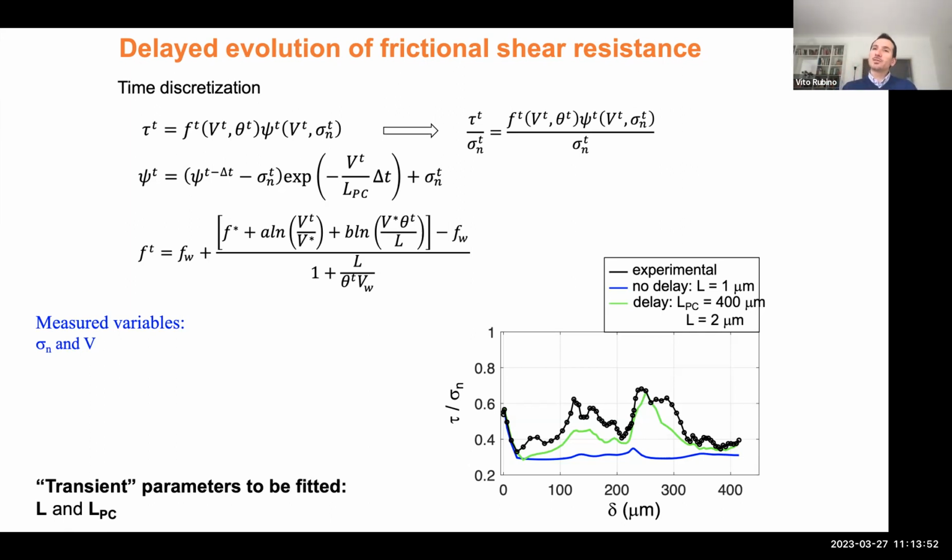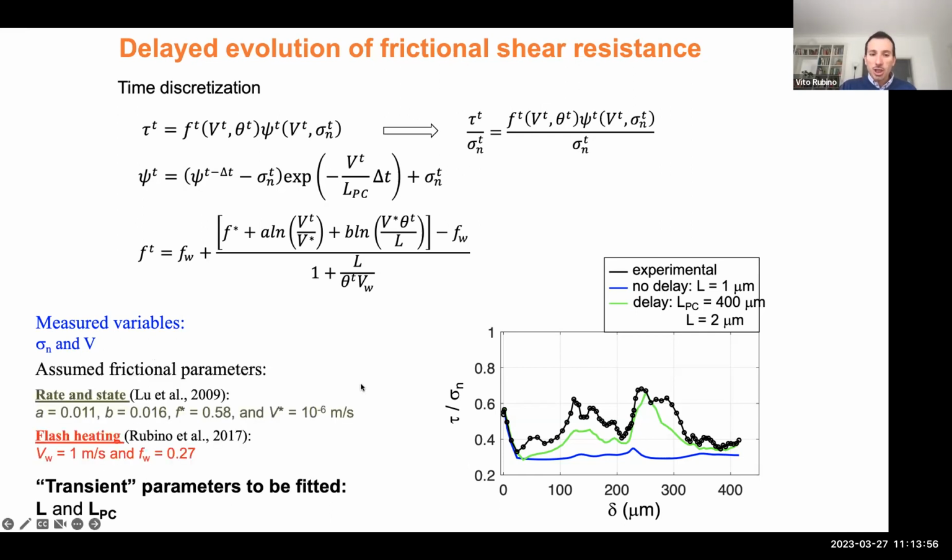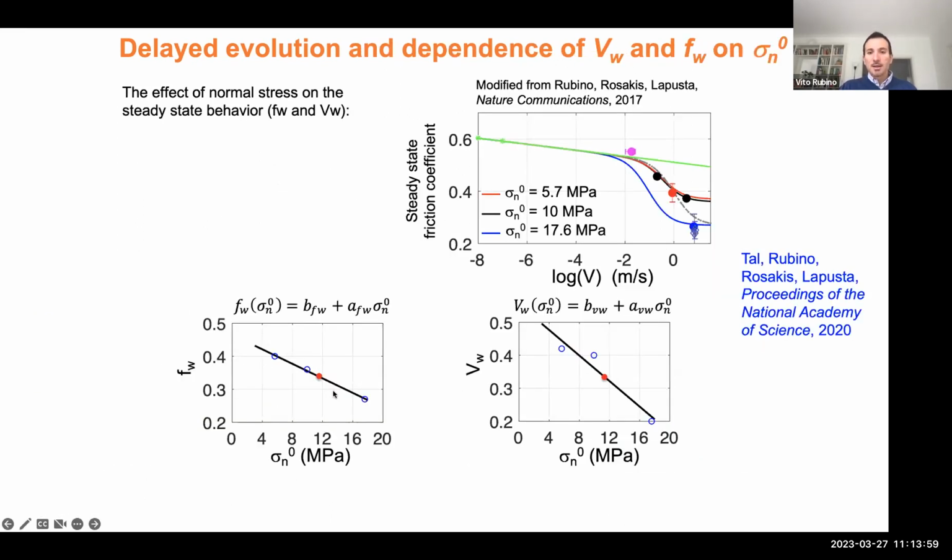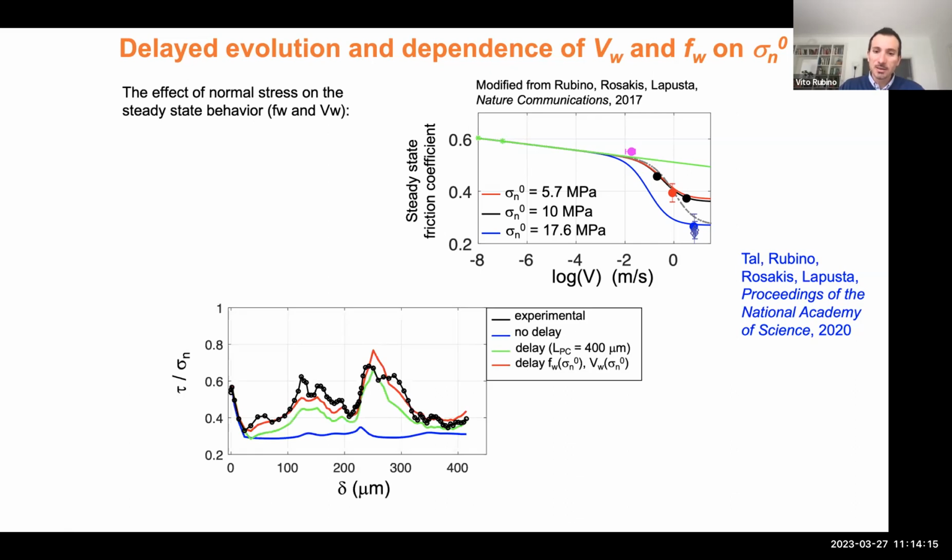So now if we assume that f_w and V_w also change with normal stress, both with the static level, where we can do the same exercises I showed earlier at various levels of normal stress, and also with the dynamic stress change, then we can repeat the exercise and we obtain a much better fit of our experimental results.